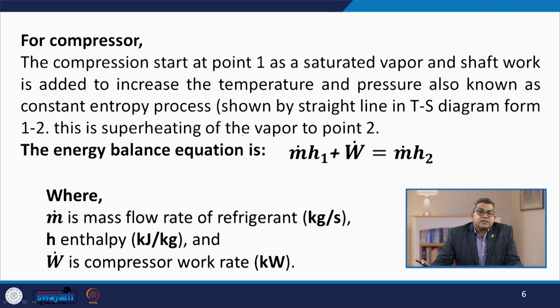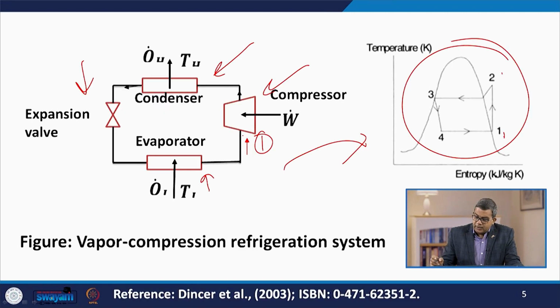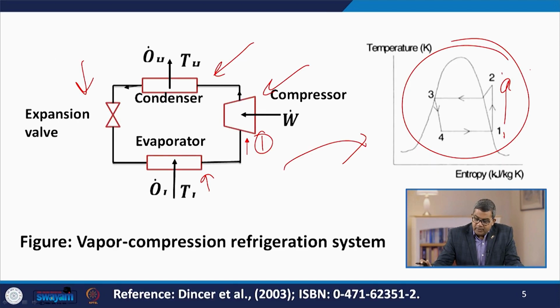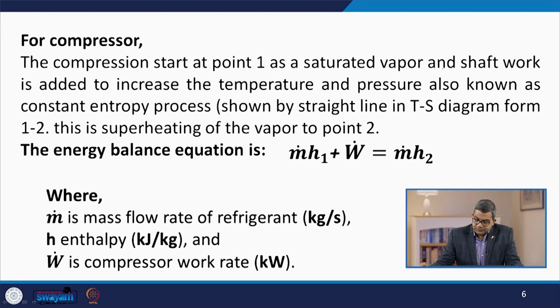This is also known as the isentropic process, and you can see that it is represented as a straight line in the TS diagram, superheating the vapor to point number 2.